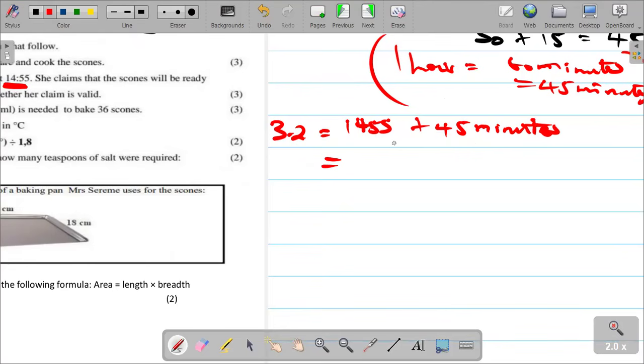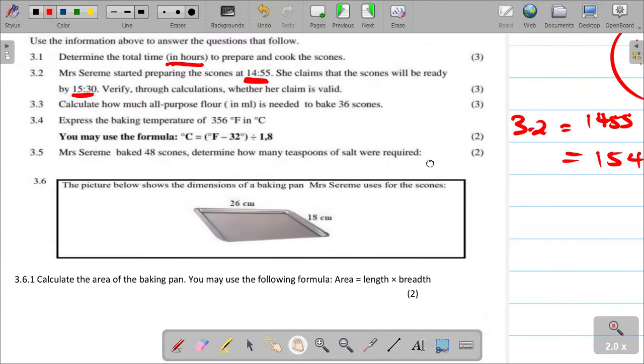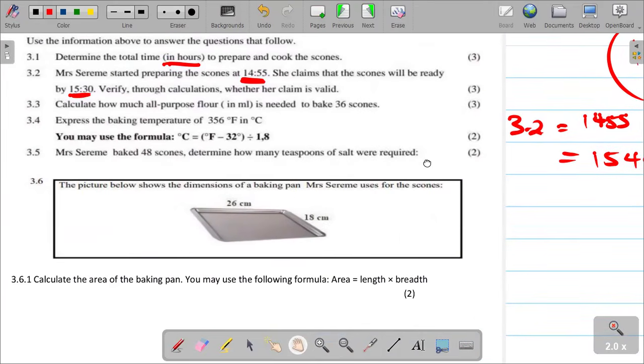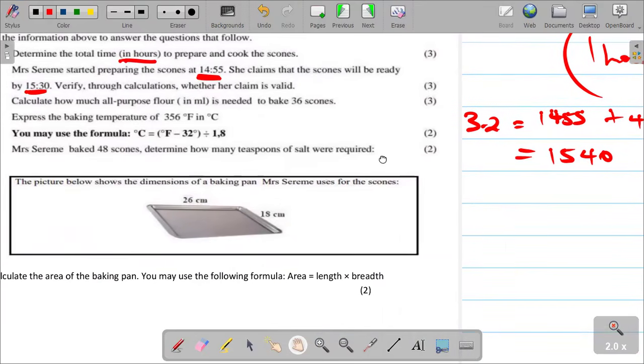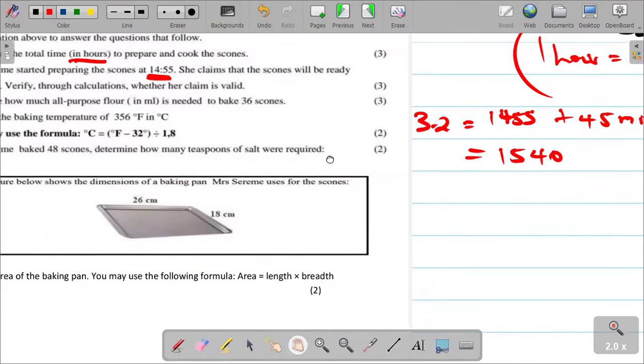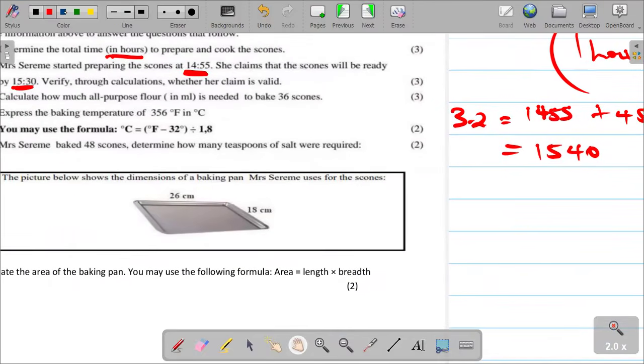If we add 14:55 plus 45, that is going to give us 15:40. But her claim says the scones will be ready by 15:30. They are going to be ready at 15:40.